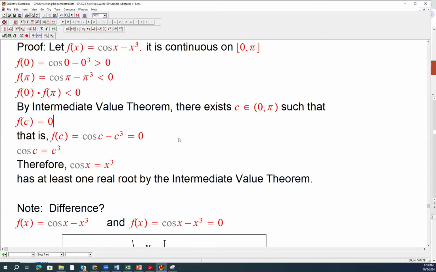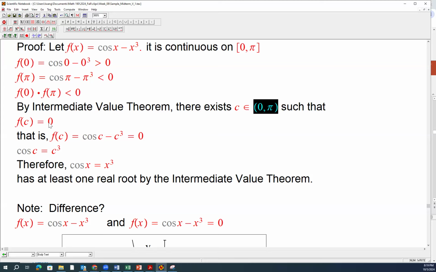But when you draw the conclusion, make sure you state the entire conclusion. So you say there exists a C in here, such that f of C equals 0. But it would be nice if you elaborate on this, because this is the time you want to make a connection to the question itself.